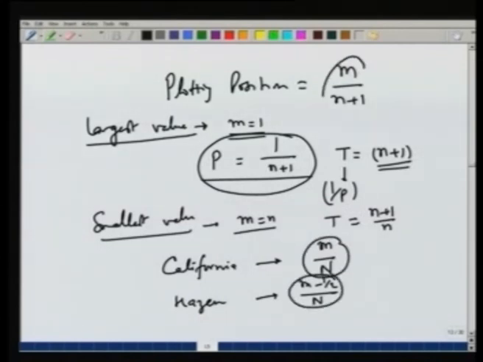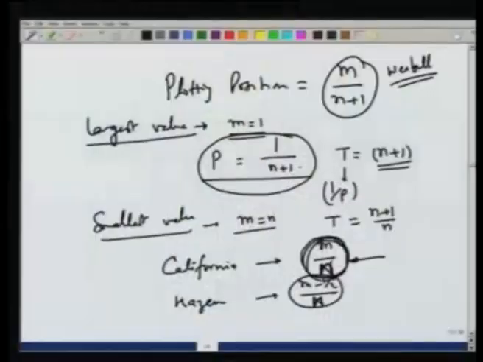We will use m over n plus 1, which is typically called the Weibull method. In m over n, you can see that when m is equal to n, this probability will become 1, for the California method.